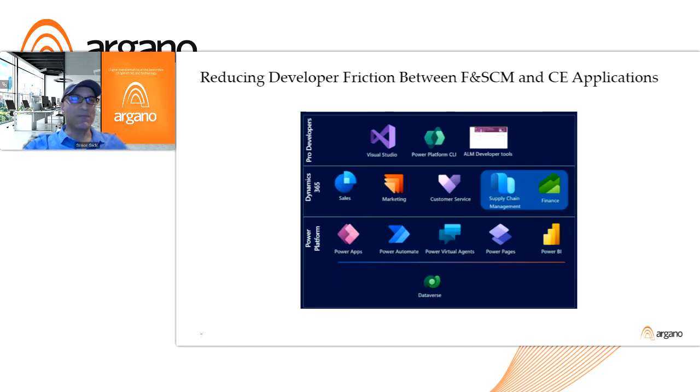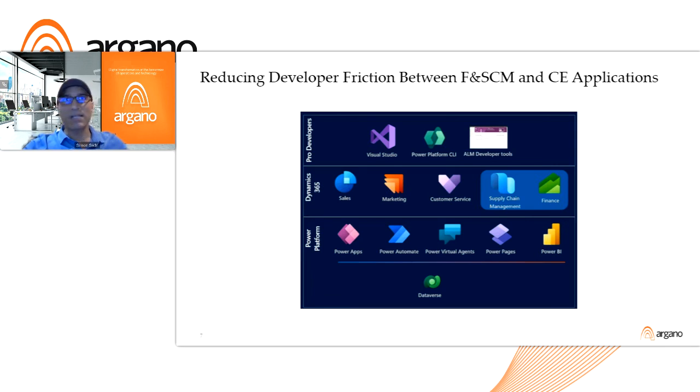Now, in terms of other things we can consider, there has always been a bit of a challenge between the development experience for Dynamics 365 finance and supply chain management versus the CE applications, because as we know, these applications have their own development platforms, and from an application programming language standpoint, they're also different.